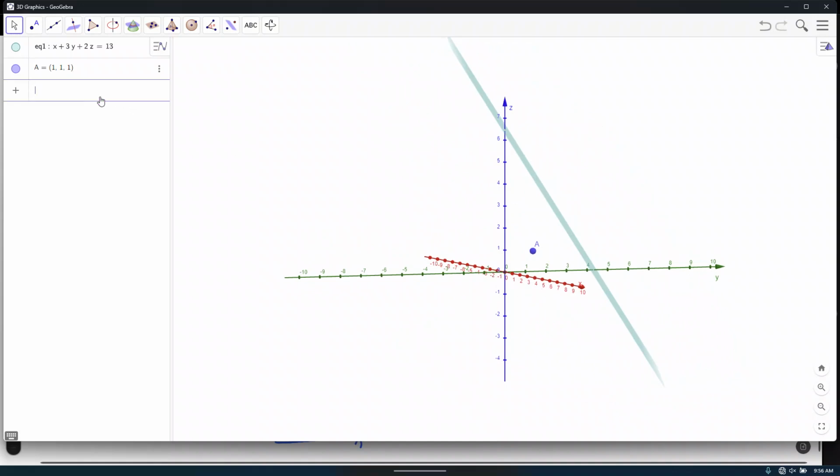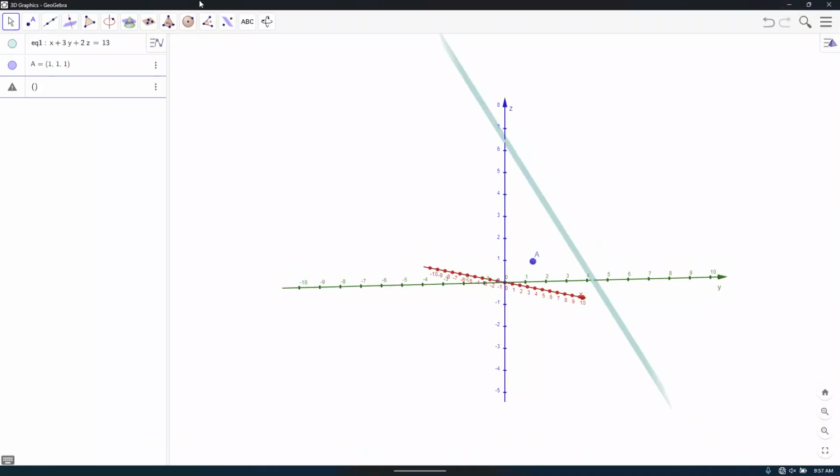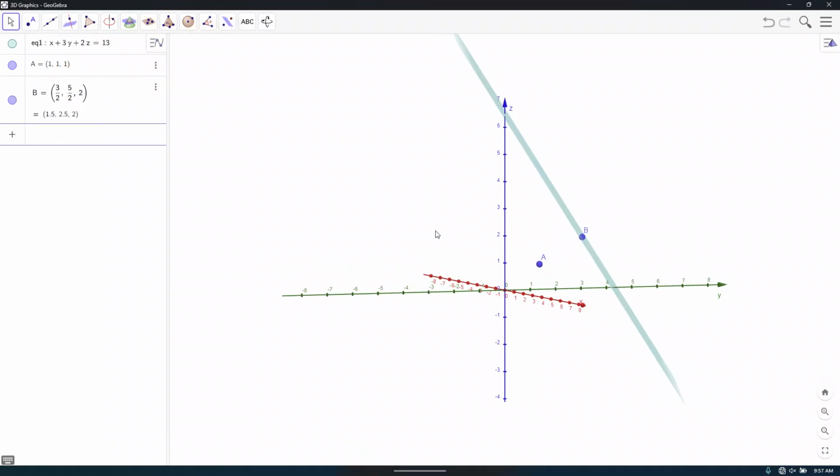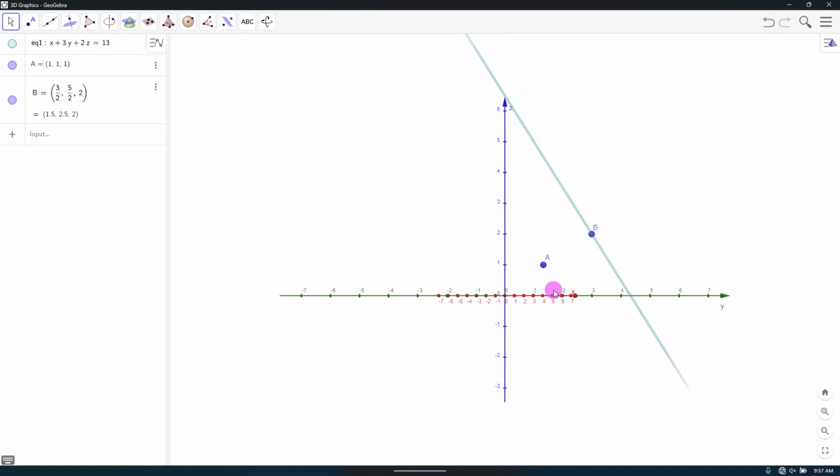Okay, so let's plot the point. What was that? 3/2, 5/2, and what was the last one? 2, right? Oh yes, it's a point on the plane, isn't it? You see it?